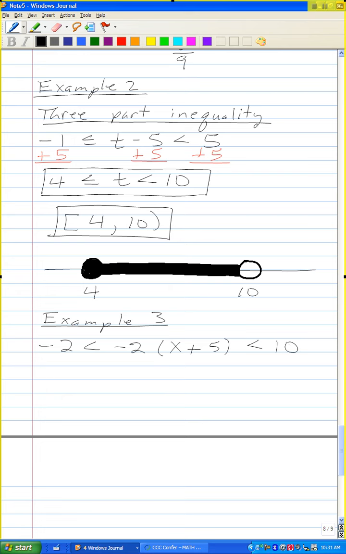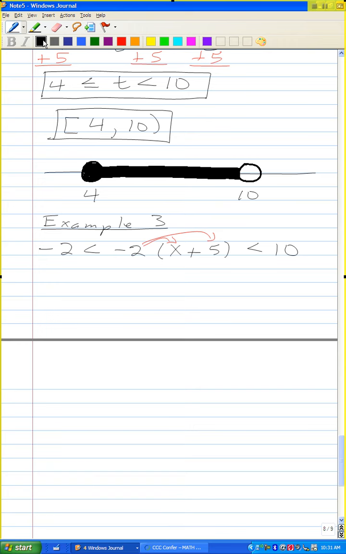First off, let me multiply the negative 2 inside the parentheses. By the distributive property, I have negative 2 is less than negative 2x minus 10 is less than 10. Oh, actually, let's have an equal sign there.